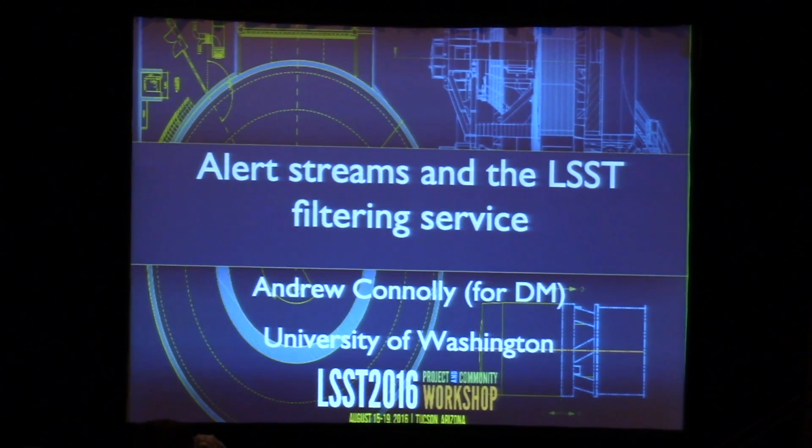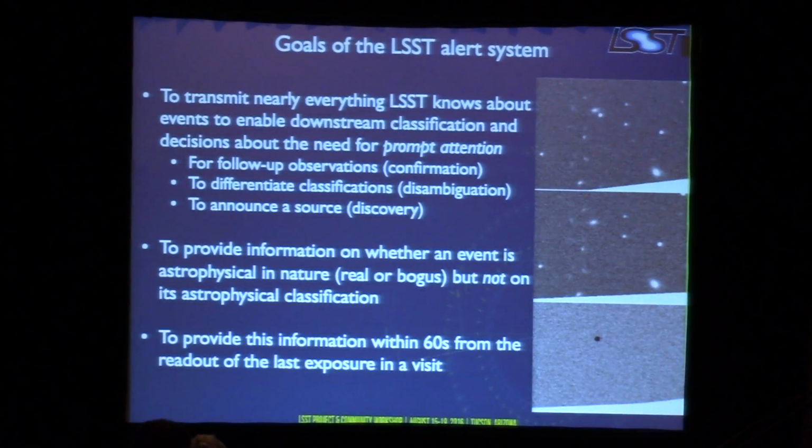So what I thought I'd do is start out by talking about the objectives of the alert system. The goal that we have is to transmit nearly everything that we know about one of these LSST events, to enable the science community downstream to run their astrophysical classifications, to determine what events need prompt follow-up.